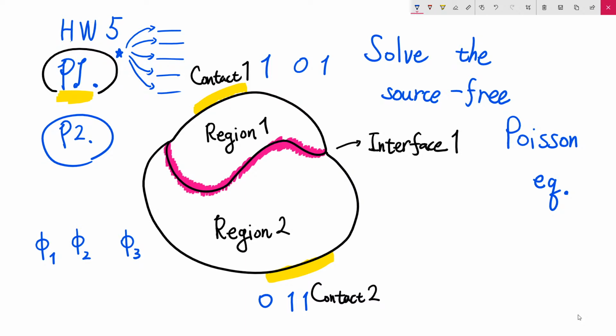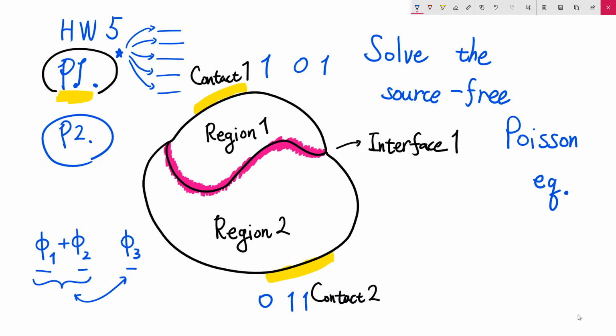After you get these 3 solutions, please make a sum of phi 1 and phi 2. Then make a comparison of your sum of phi 1 and phi 2 with your phi 3.